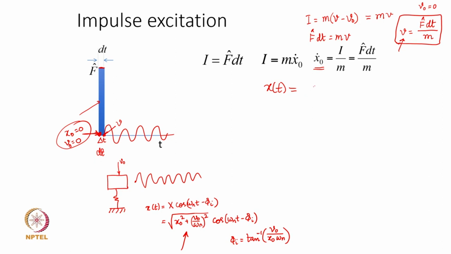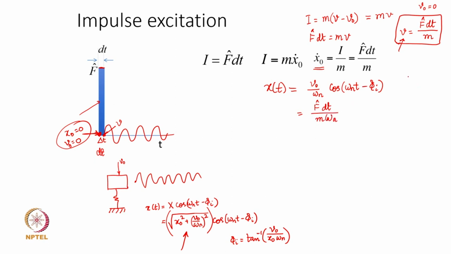So, ultimately this capital X which you see here, with x naught being 0, is v naught by omega n, cos of omega n t minus phi, where v naught is this value f cap dt over m, and omega n is already there.